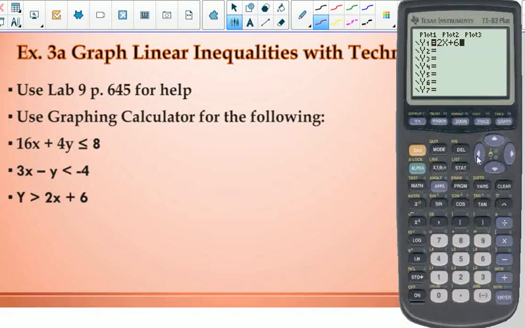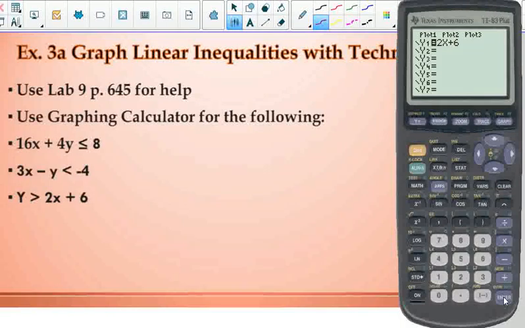In order to show that we're shading everything greater than that, I'm going to hit the arrow button all the way over until I'm to the left of the Y1, and you'll see this line over here, it's almost like a lever that's going up and down. That's where I want to be, and I have to determine which side of that line the solution is going to be on. Since it's greater than, it's got to be above the line.